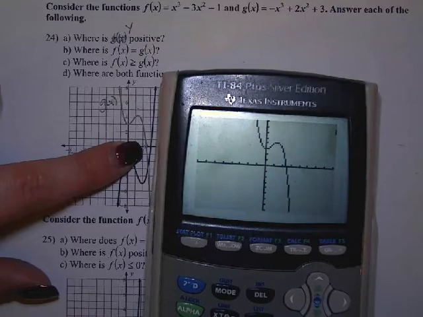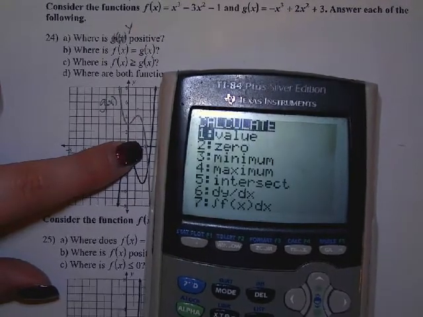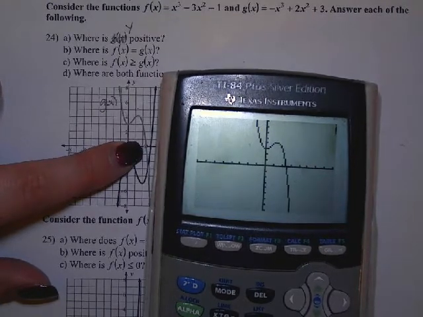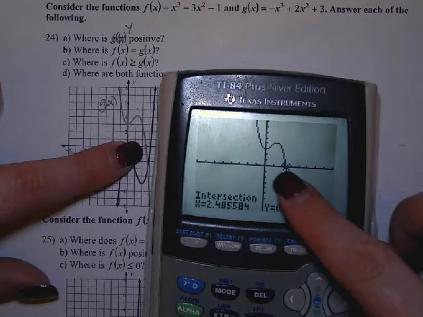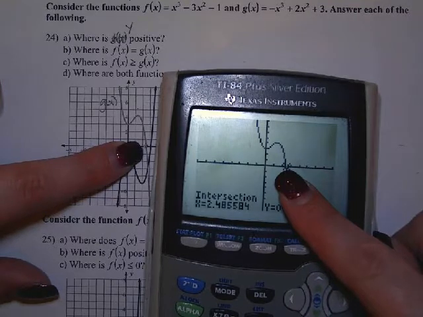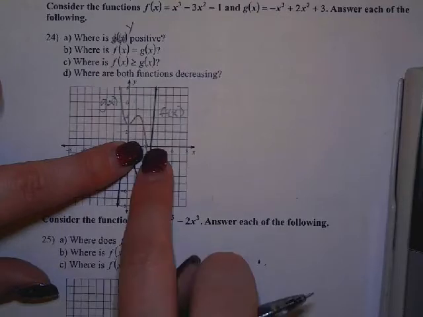So now I can do second trace, number 5. Okay, so the x-intercept is 2.486. And what should I write to answer the question, where is the y-coordinate positive?